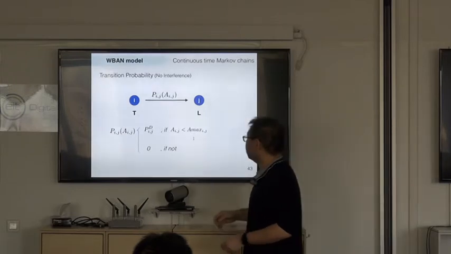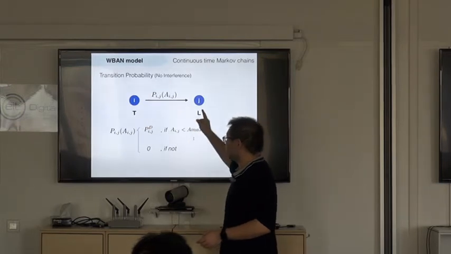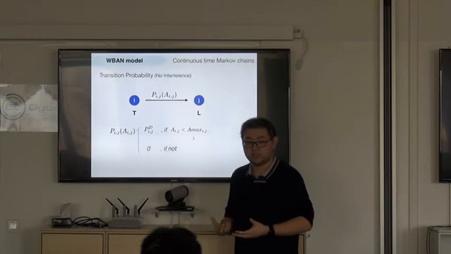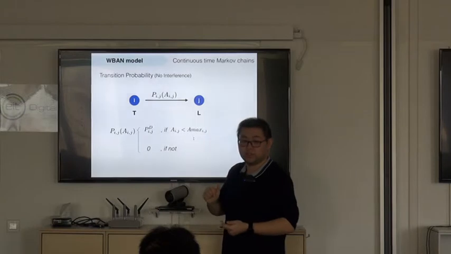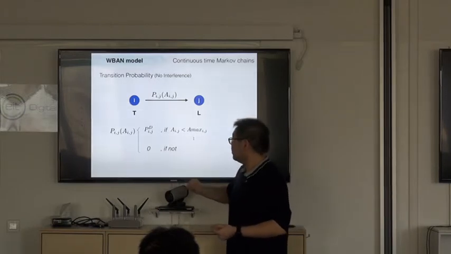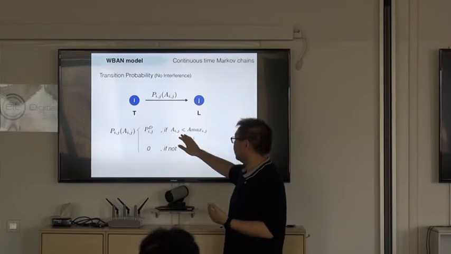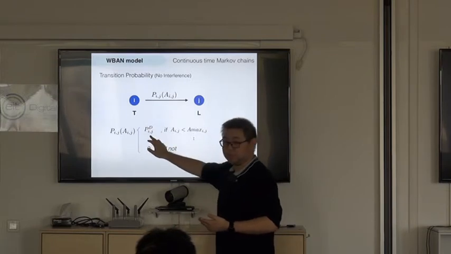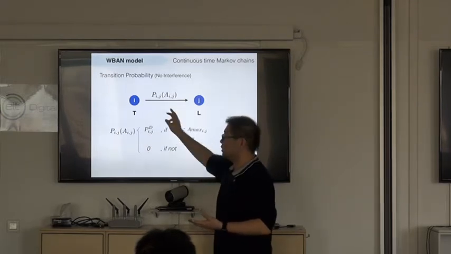So finally we get the probability that if i wants to send a message to j, the probability that j can receive the message successfully is Pij. It only depends on the random attenuation Aij. So if the attenuation is smaller than this value, the probability depends only on the successful decoding probability. And if not, the probability equals 0, because the link does not exist.